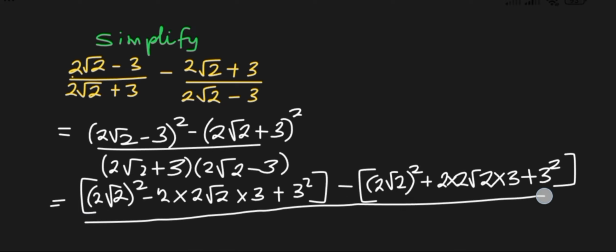While in the denominator, it is product of conjugates that we have, and that comes out as difference of two squares. So that will be 2 root 2 squared minus 3 squared.